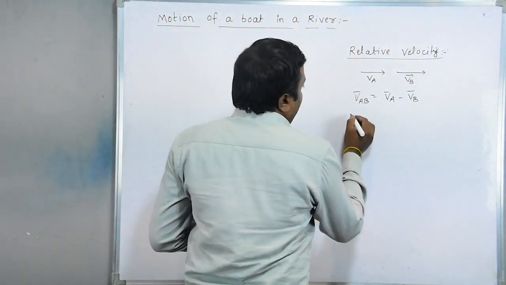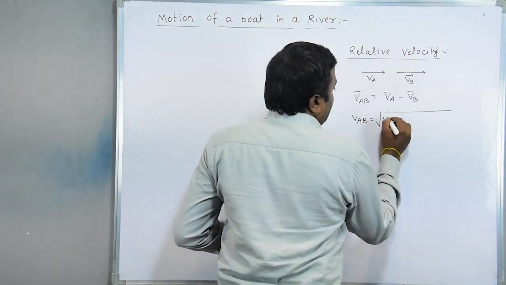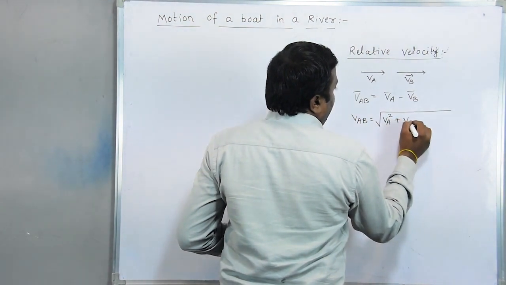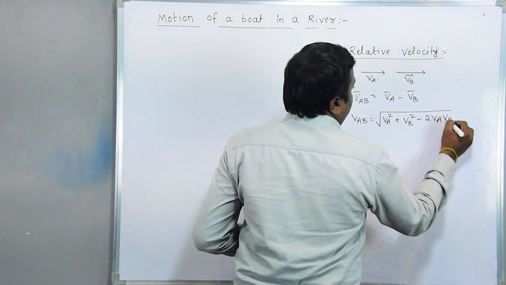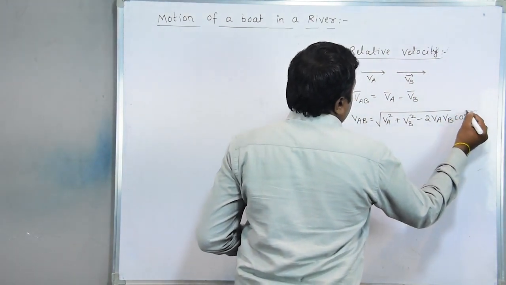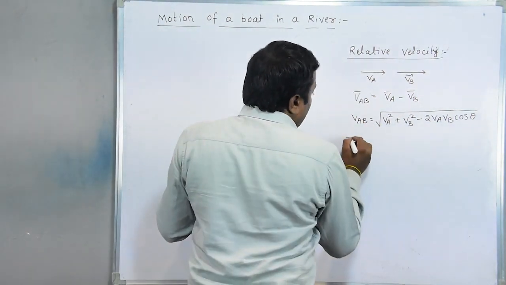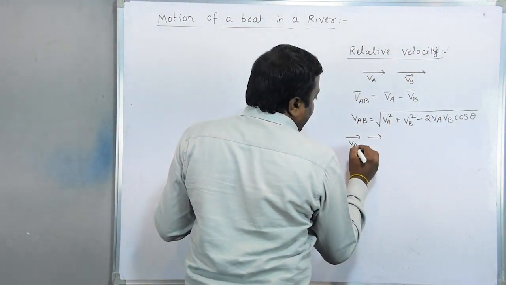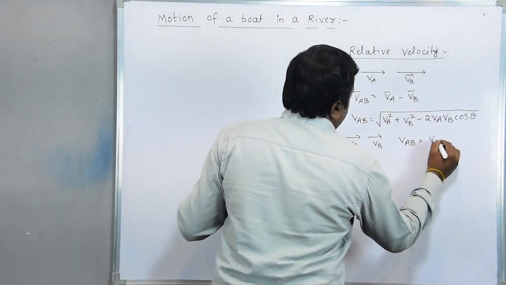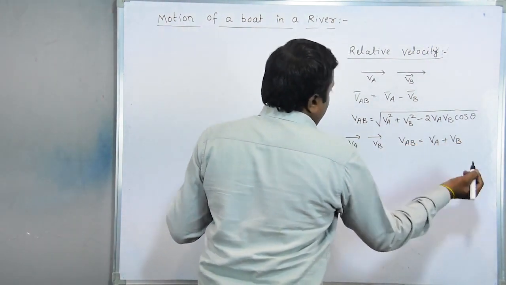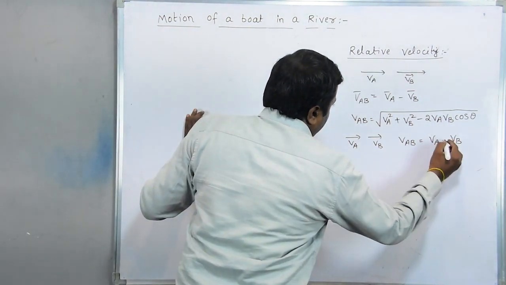So in scalar form, VAB is equal to the magnitude, square root of VA square plus VB square minus 2 VA VB cos theta. We know about this from previous motion in one dimension. If both are in the same direction, the magnitude VAB is equal to VA minus VB.